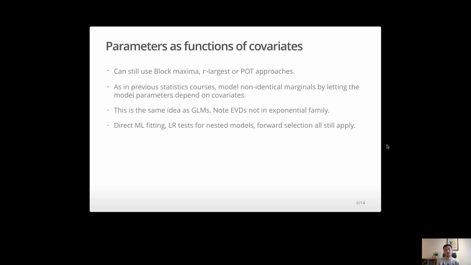What is available to us, however, is direct maximization of the likelihood or log likelihood function in order to estimate our model parameters, and all of the available techniques that usually surround that. So if we're comparing nested models, we can use likelihood ratio tests to do so. And if we're trying to construct a model with lots of covariates, we can use forward and backward selection to determine which of these should be included.